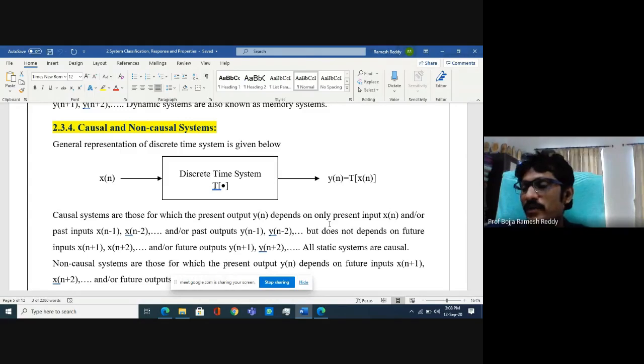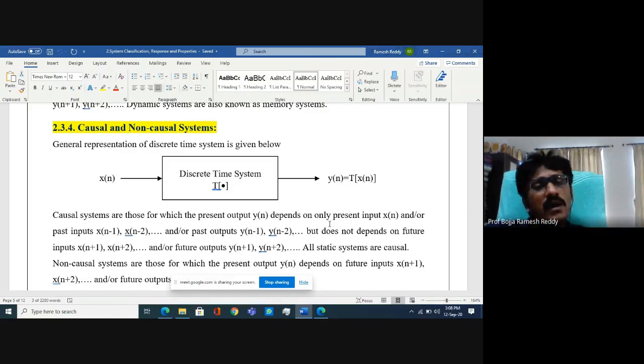Right now I am telling something to you, and you are understanding based on my lecture and past lectures, not the future. If the future is included, such systems are called non-causal. Non-causal systems are not physically realizable and not practical.